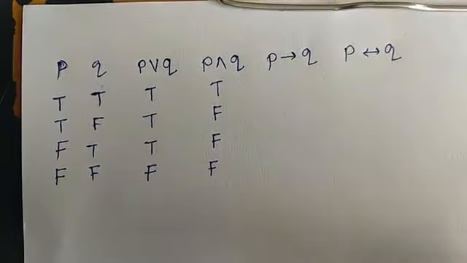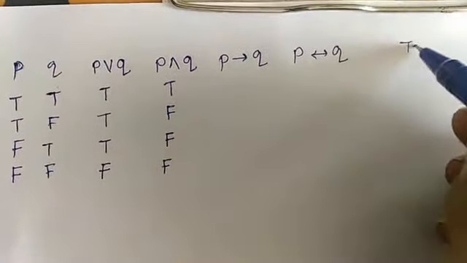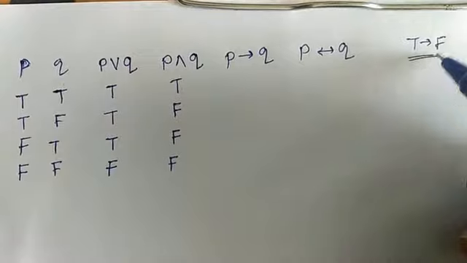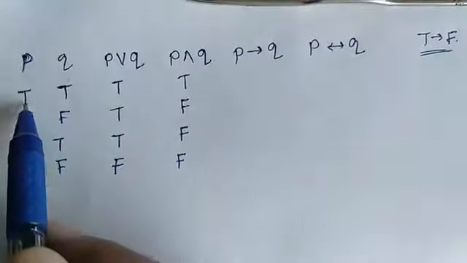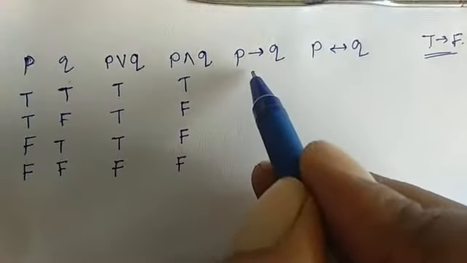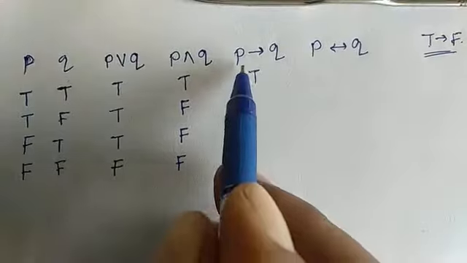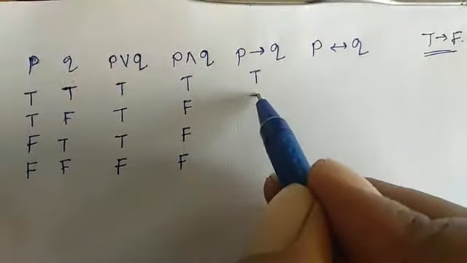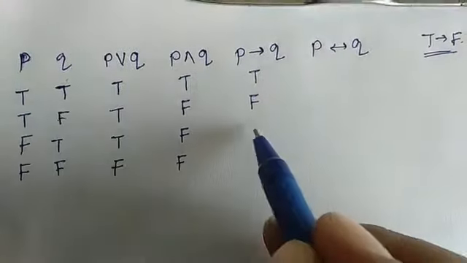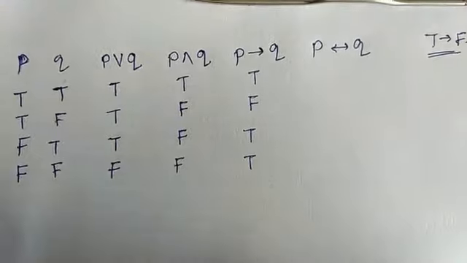In implies, it is false only when true implies false. That means true going toward false is a false statement. So for the first, both true, it will be true. For the second, true implies false, here it is P implies Q, so T is going toward false, so it will become false.